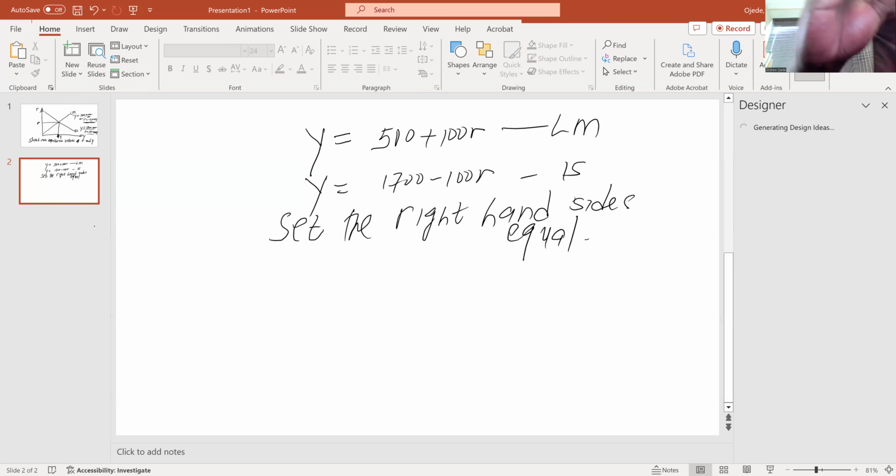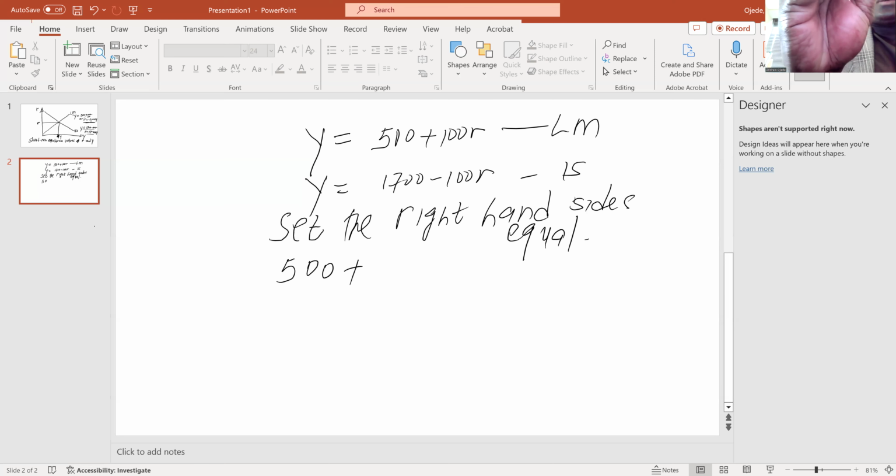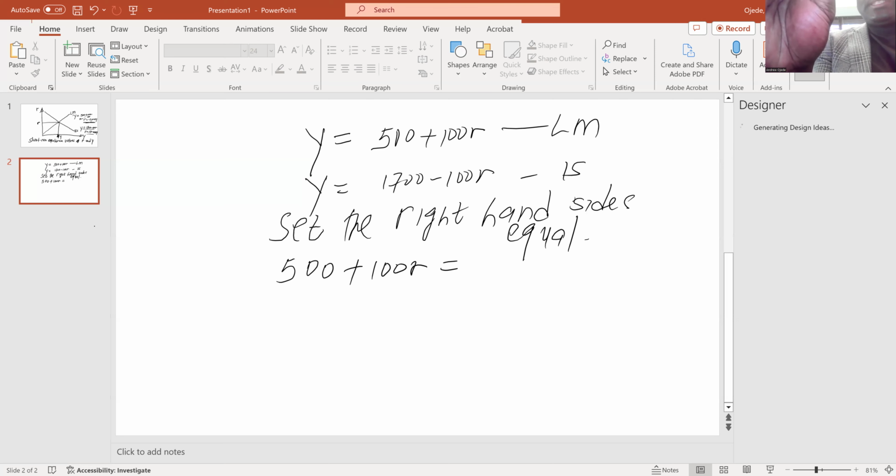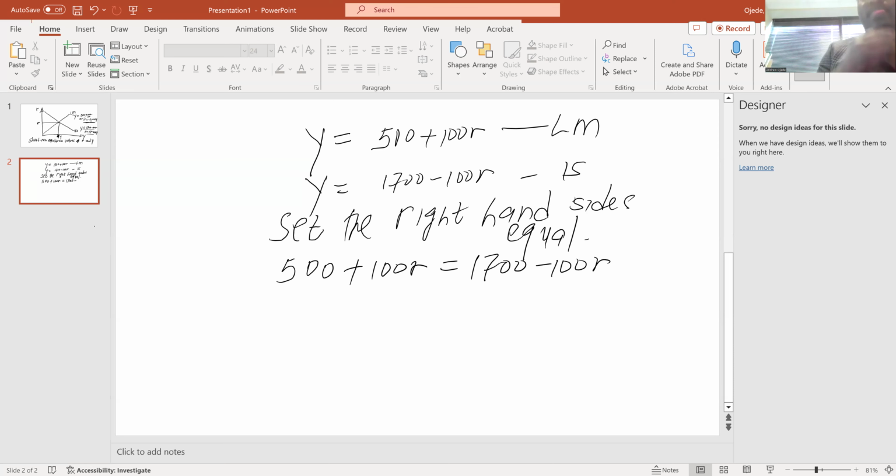If I set the right-hand sides equal, I have 500 plus 100R equals 1700 minus 100R. Now all I have to do is collect like terms. I bring 100R to the left, which means I'm adding it to both sides, so the left-hand side is 200R.